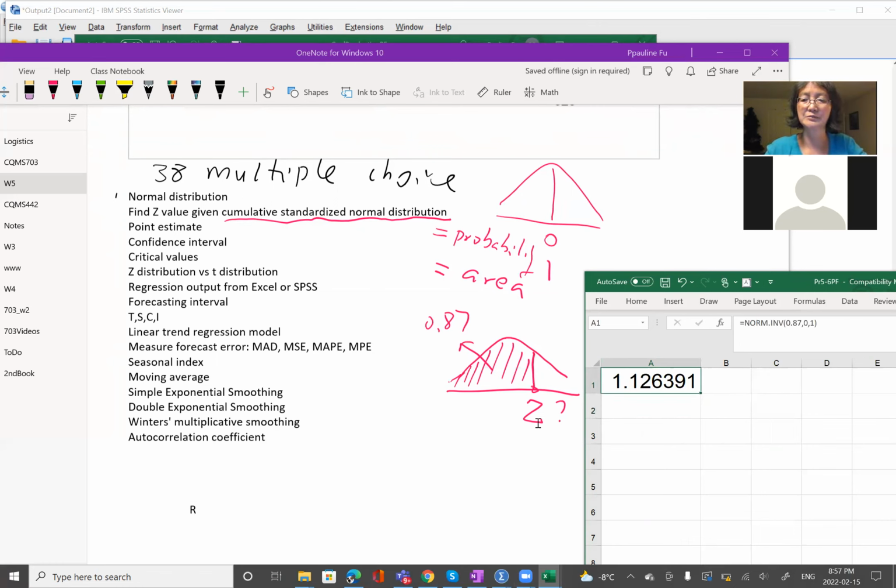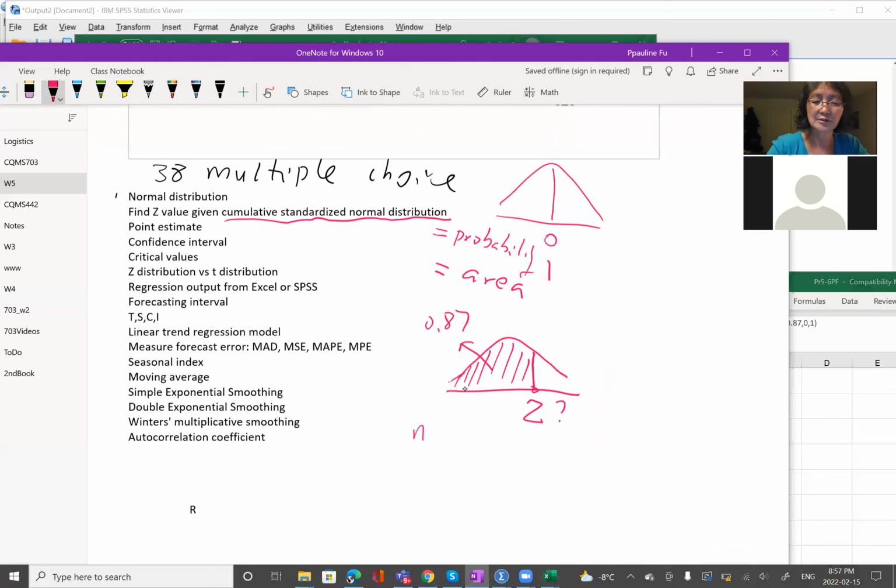So z equals 1.12. Okay. So you use z equal to NORM.S.INV 0.87, and you get a number.